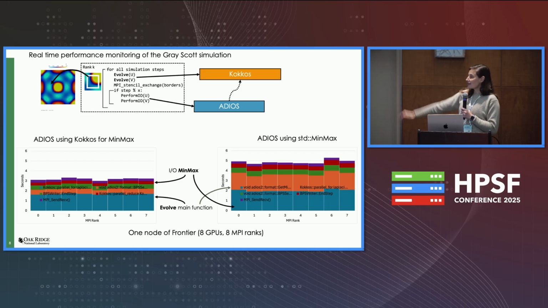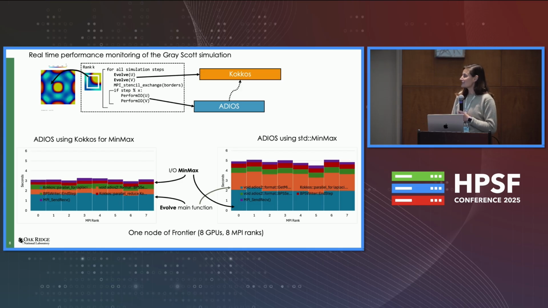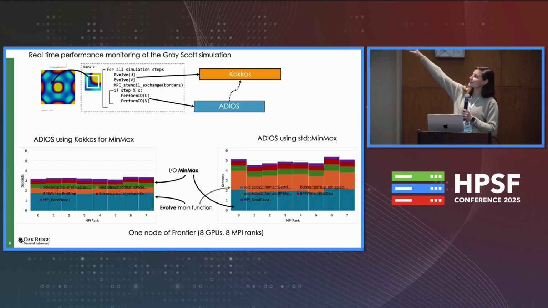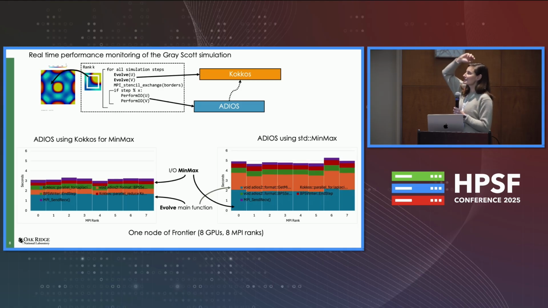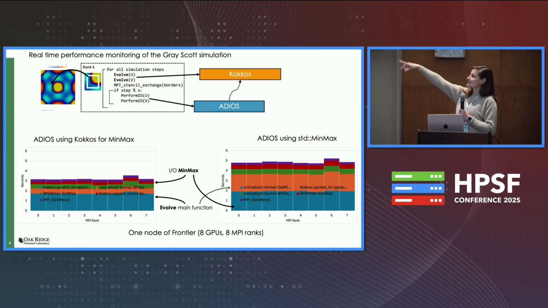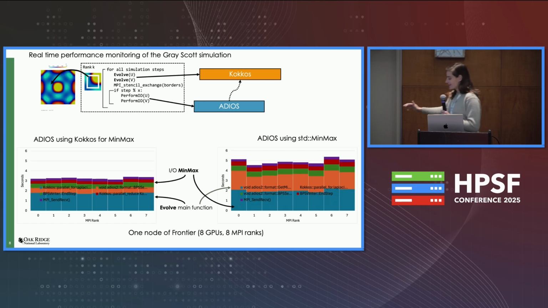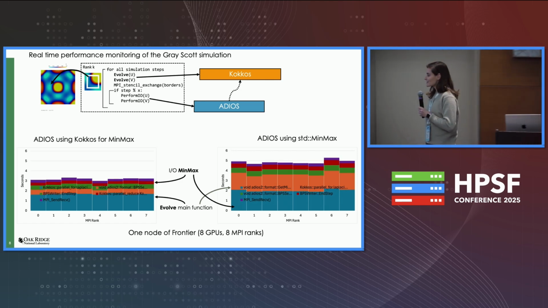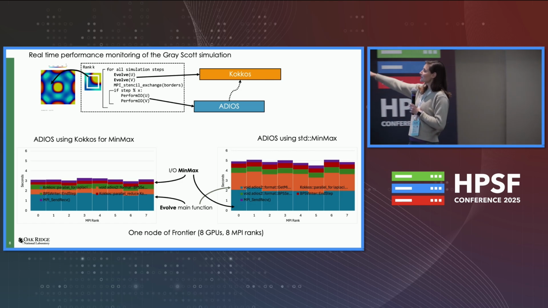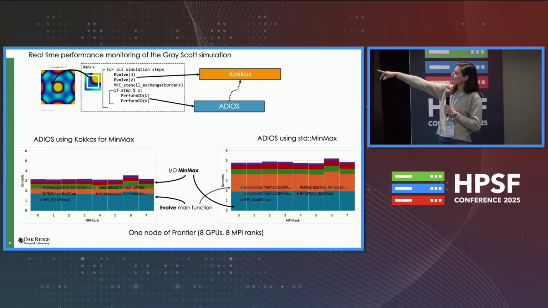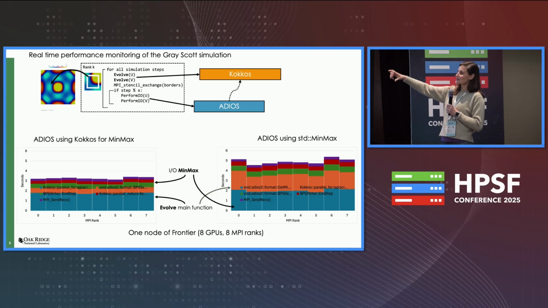I have one node of Frontier, 8 GPUs, 8 MPI ranks. My application is doing some evolution of two substances, the Gray-Scott reaction. Then MPI stencil exchange. And then you perform the I/O. And because I use the same plotting functions, the colors are different, because when ADIOS is using the Kokkos backend, the kernel that computes the statistics for your data becomes very little.